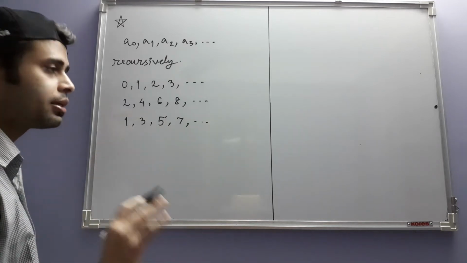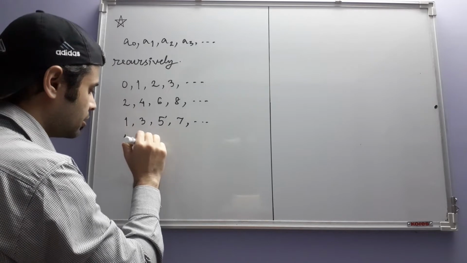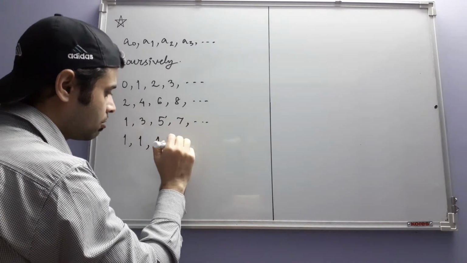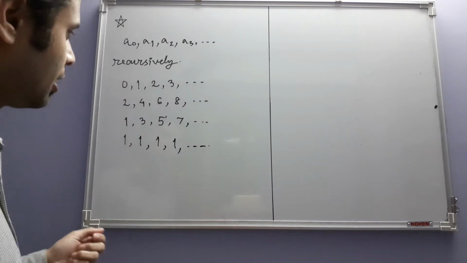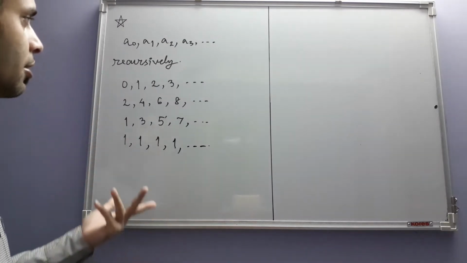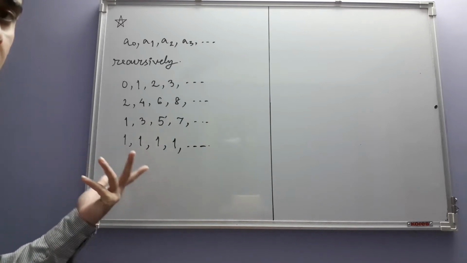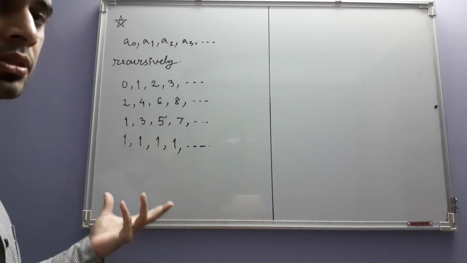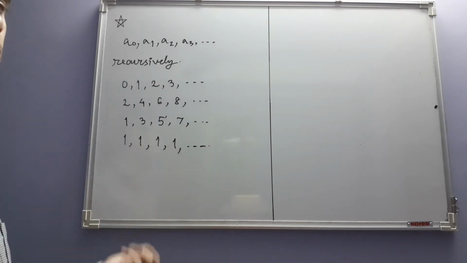Or in fact, all the terms can be the same. We can have this sequence, say, where all the terms are equal to 1. So these are examples of sequences, or more specifically, infinite sequences. Finite sequences also exist, but in analysis, infinite sequences are more important.